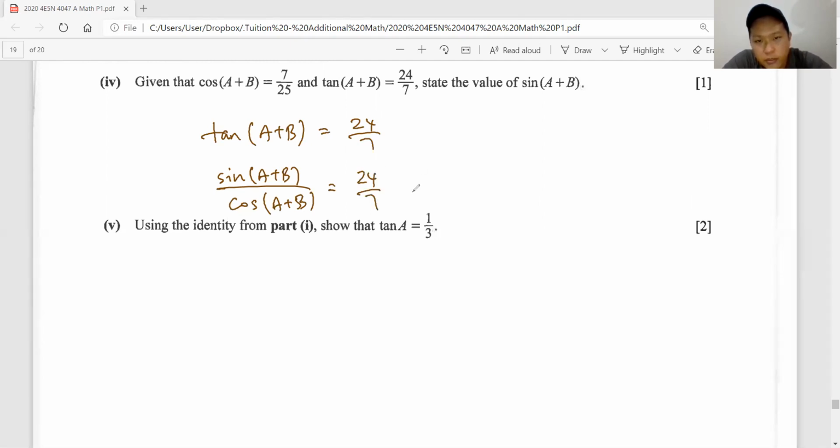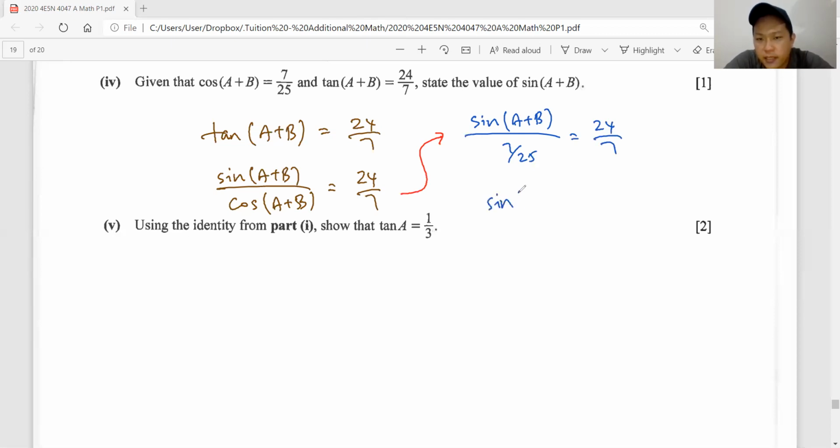See, pretend to show working and end up not enough space. I'm going to change my cosine A plus B into 7/25. So sine A plus B over 7/25 equals to 24/7.